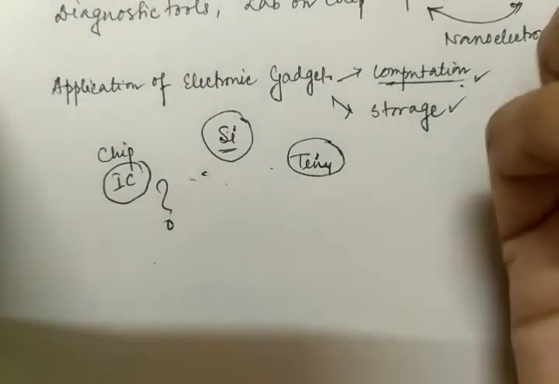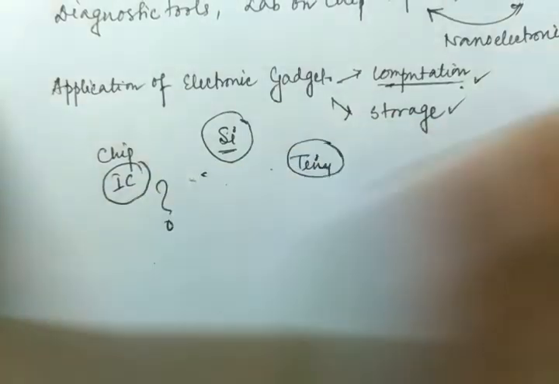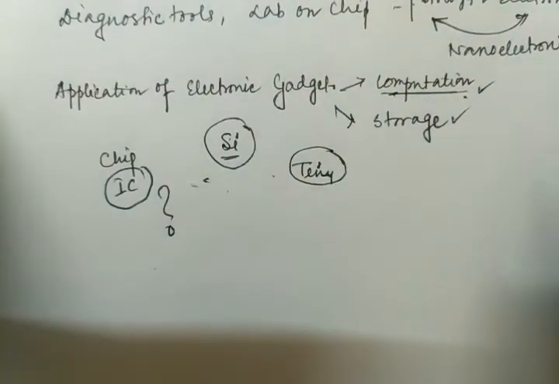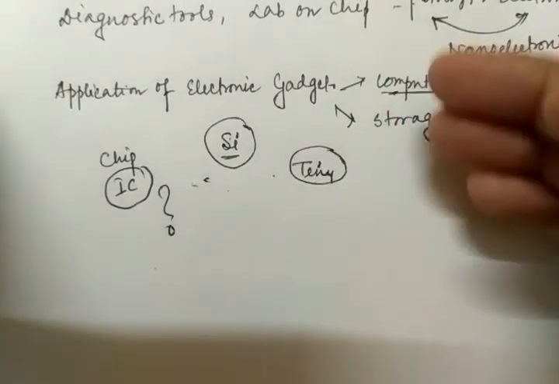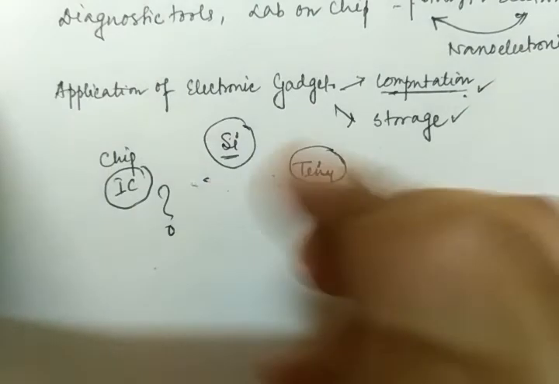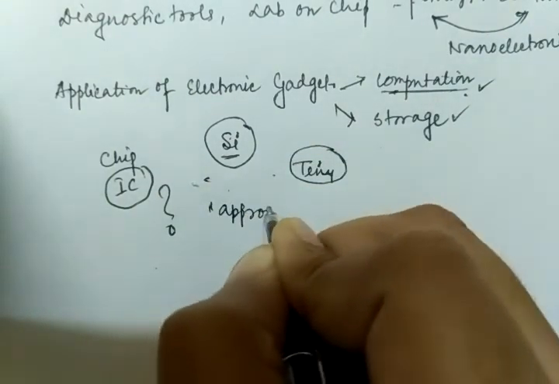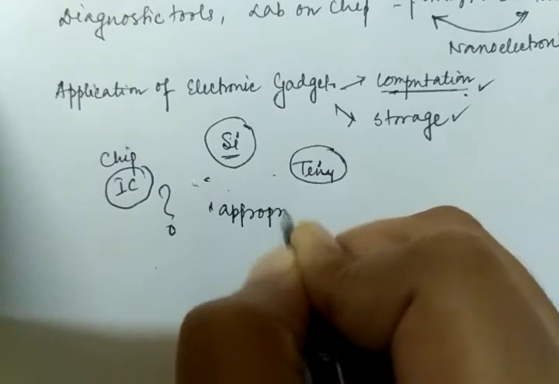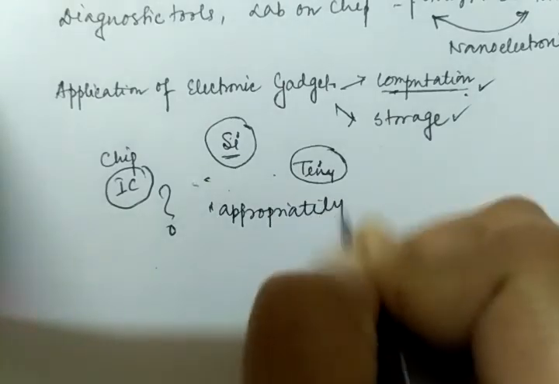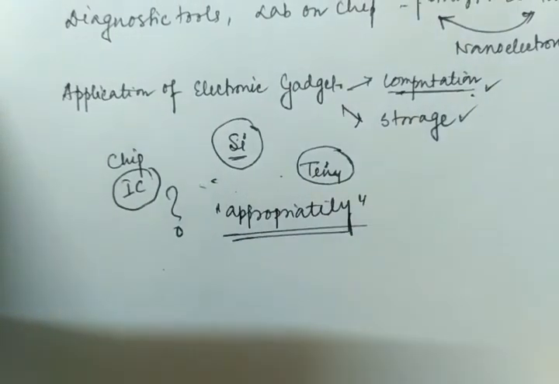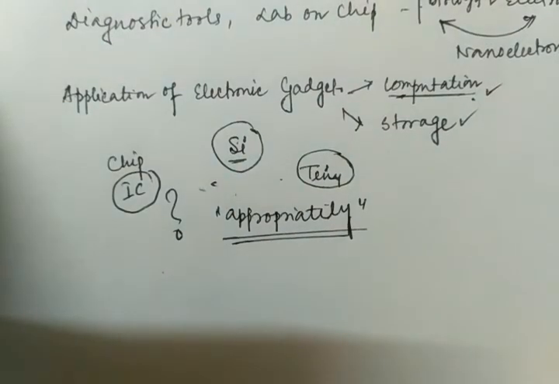If we see the internal structure of any IC, we will see a large ensemble of transistors connected appropriately through multi-level metal interconnection lines.